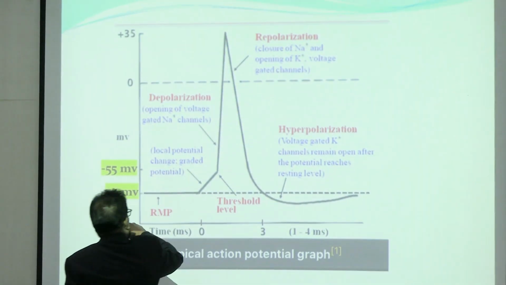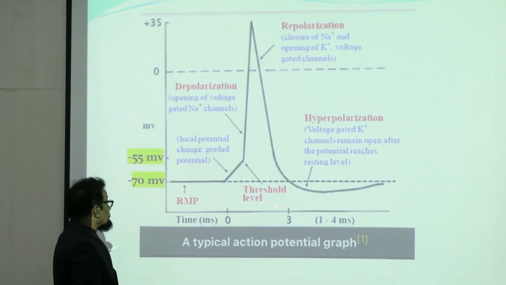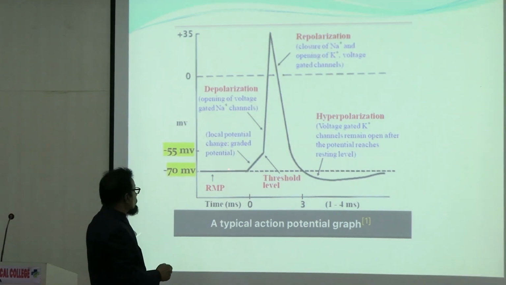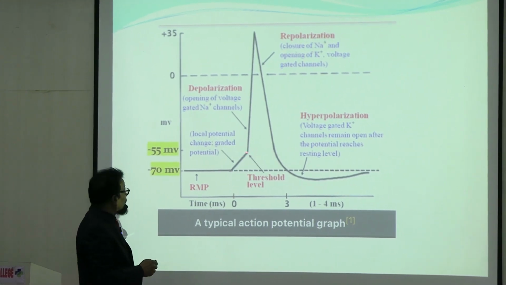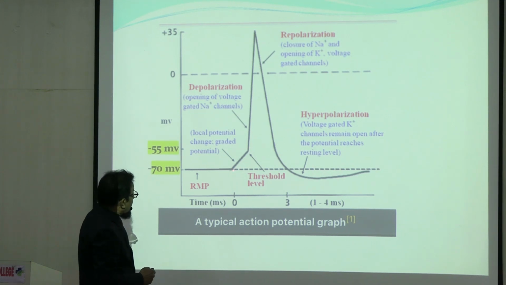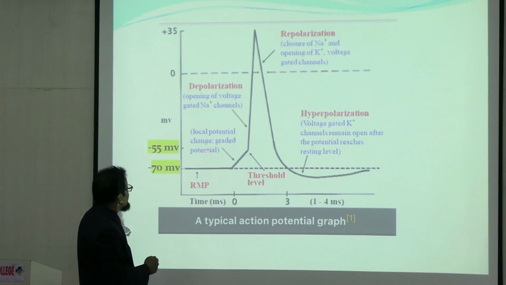These are the different phases of action potential. Say the resting membrane potential is minus 70 millivolt, and I stimulated the nerve at time 0. So what is happening at minus 70 millivolt? I have applied the stimulus, but this stimulus could not bring the membrane potential to minus 55.